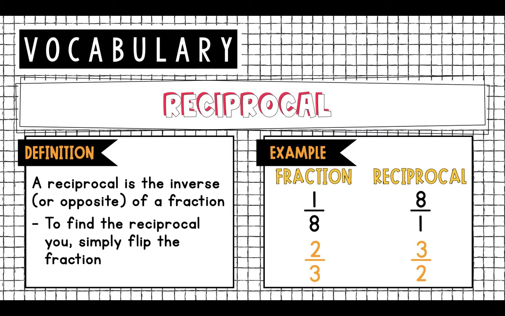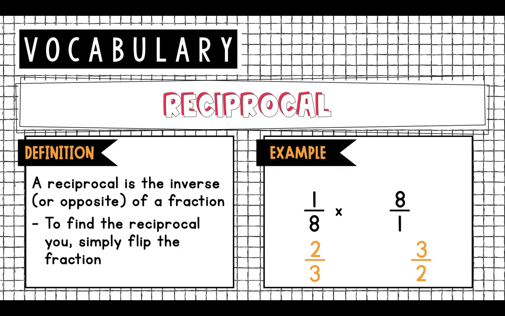And these reciprocals end up being the inverse of the original fraction. We can test this out because if we multiply a number by its reciprocal, it should cancel out. So if I do 1/8 times 8 over 1, I would get 8 over 8, which equals 1.